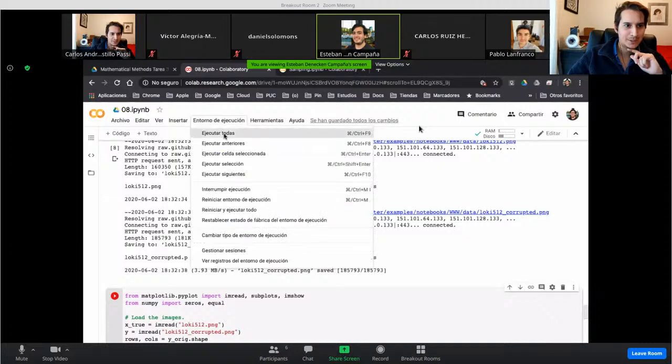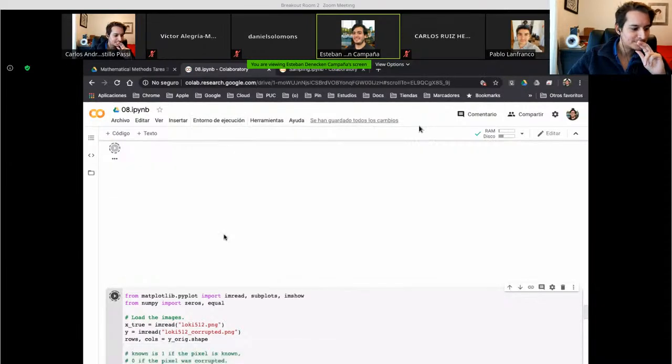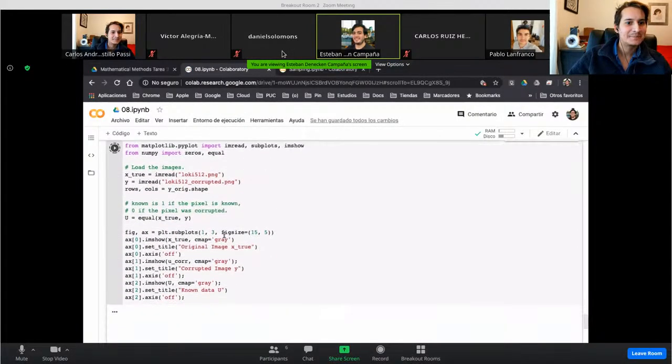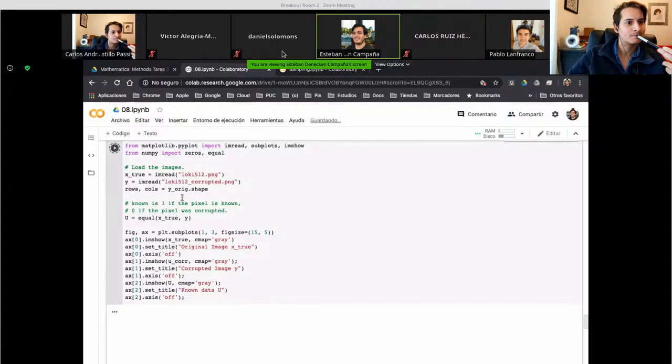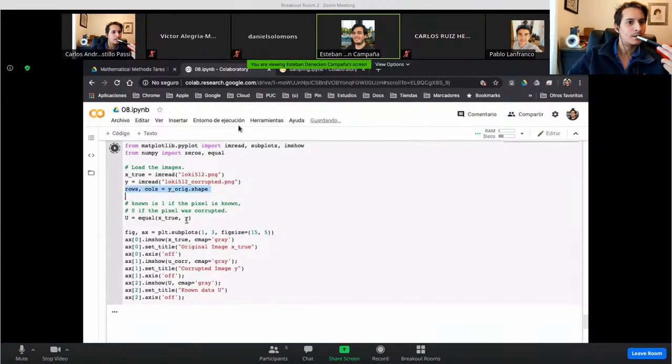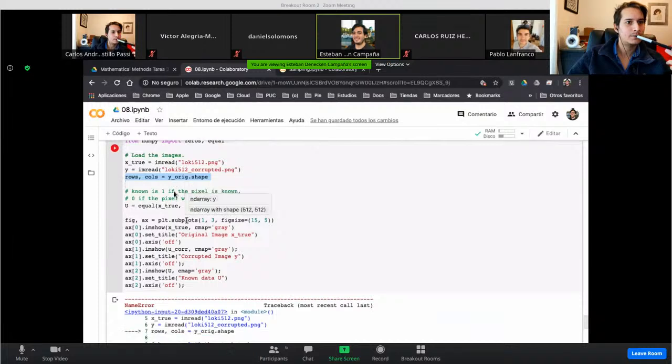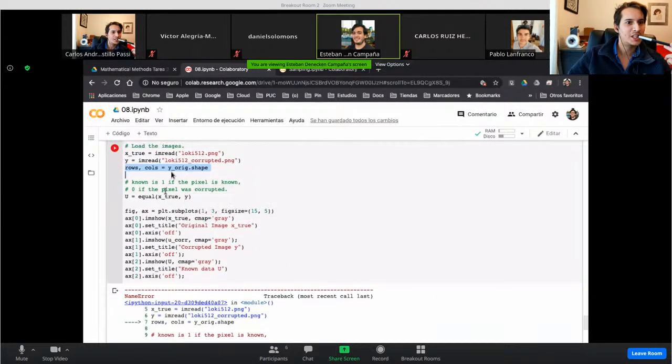Why is no one talking here? What is the error we have to correct? Yes, instead of Y_original it is just Y. And at the subplots line, you need to remove the plt dot.